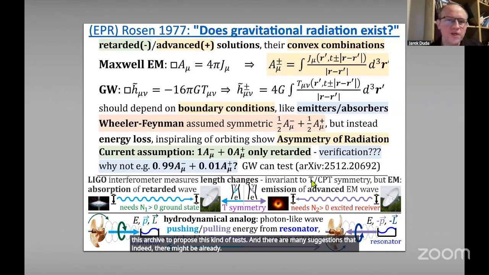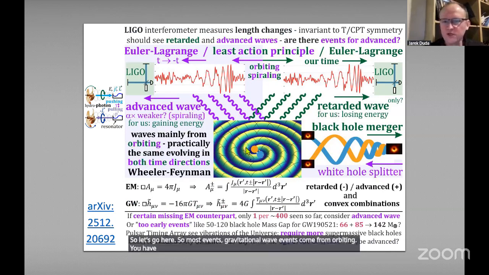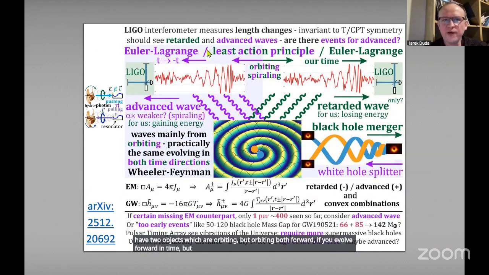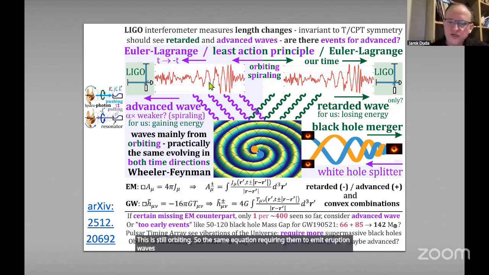So let's go here. Most events, gravitational wave events, come from orbiting. You have two objects which are orbiting, but orbiting both if you evolve forward in time, and if you evolve backward in time, this is still orbiting. So the same equation requiring them to emit gravitational waves says that they should also emit gravitational waves, but now advanced.